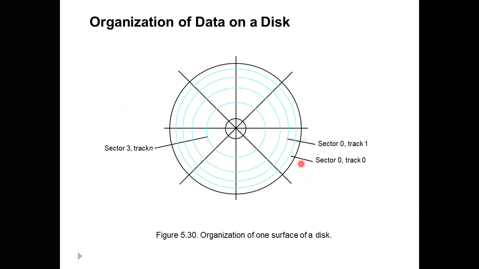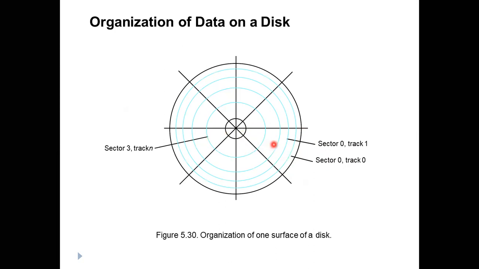If I consider this as track 0, this as track 1, track 2, track 3, track 4, or the nth track, by this way we can divide a disk into tracks, and this particular part will be called a sector. So this is the sector.